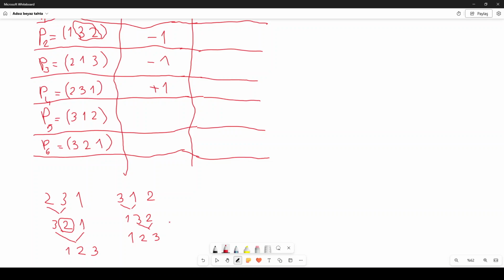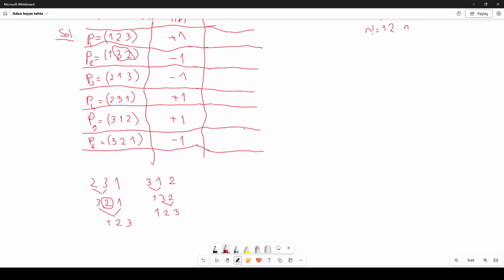So 2 is an even number, and we have the sign +1. And how about the last one? Well, only 1 and 3. If we interchange 1 and 3, we have the desired output. So only one interchange would be enough for P6. Since 1 is an odd number, the sign is equal to -1.